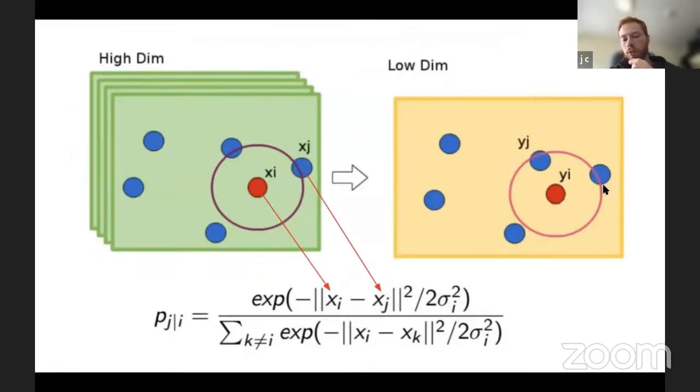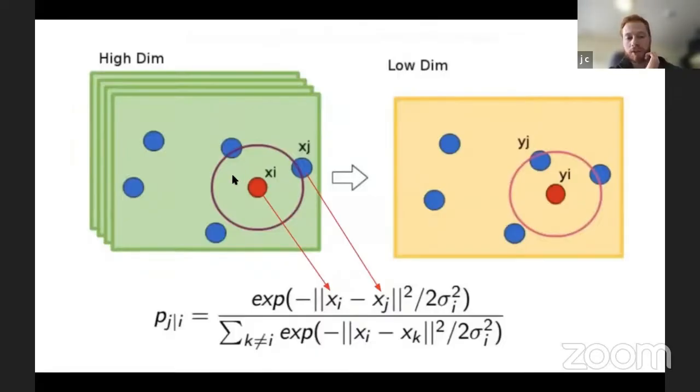Our goal is to preserve the probability of the neighboring points. So xi is yi in low dimensional space, and the distance from xi to xj, or respectively yj, should be the same in the high and low dimensional space.